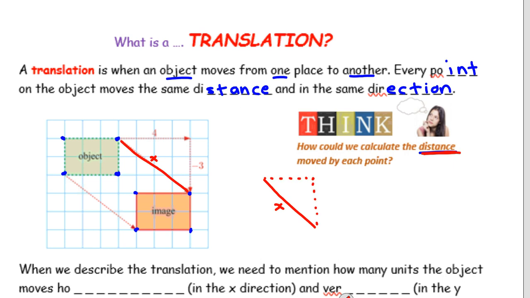There's this is 4, and this is 3. It's negative 3, but it's also 3, moving down by 3. And that's a little right angle there. Something that we've learnt about in a previous unit that we can use to calculate this distance x, because we have a right angled triangle, we can use Pythagoras' theorem.